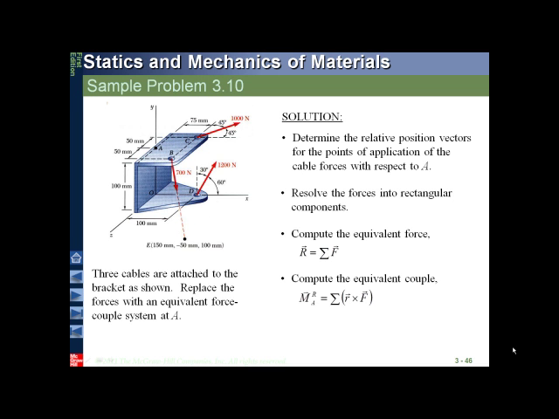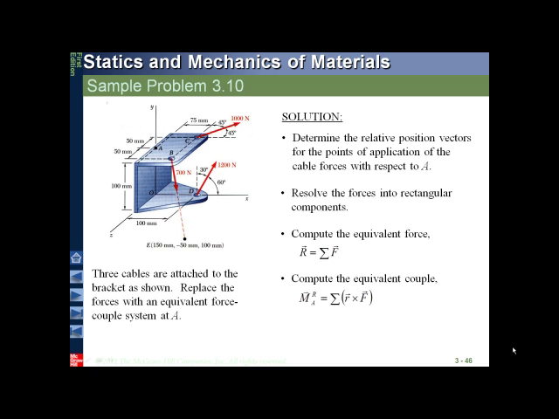And what they want you to do is replace the forces with an equivalent force-couple system, or you can just think of it as an equivalent force and a moment system relative to point A.